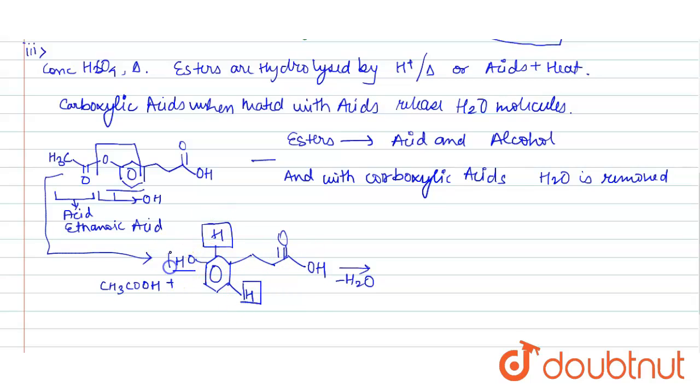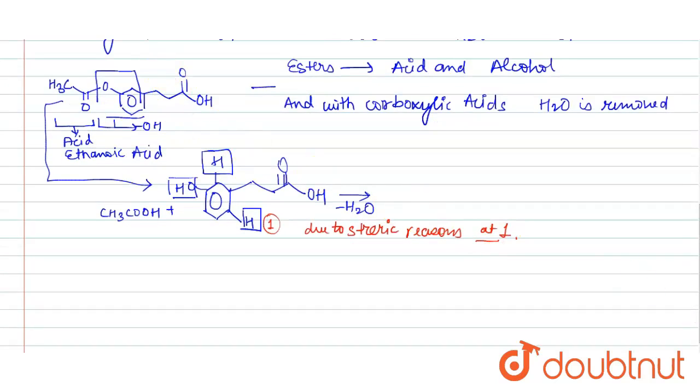But as we already have an OH here, due to steric hindrance, the site at which the anhydride would be formed would be at 1. So the final product will have this structure, with the OH, and the benzene ring would be intact. The anhydride would be cyclic in nature. So this will be the answer.